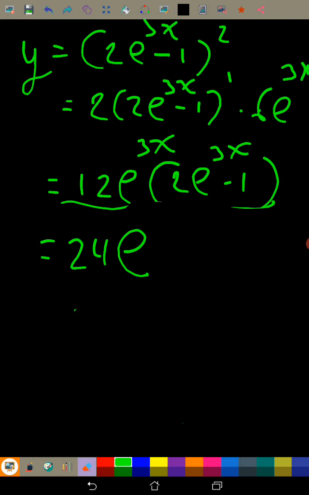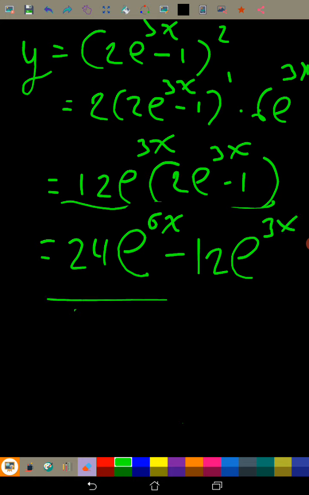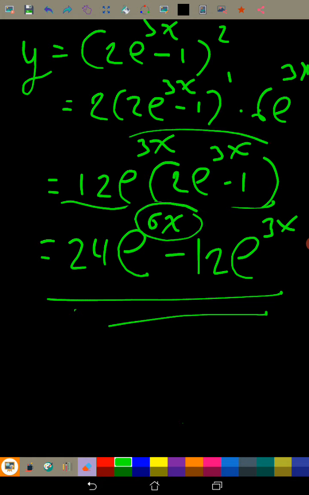Here you have to be careful. Multiply, you add them, so it's 6e^6x minus 12e^3x. That looks better. Yeah, that's the correct answer. Very important, very important.